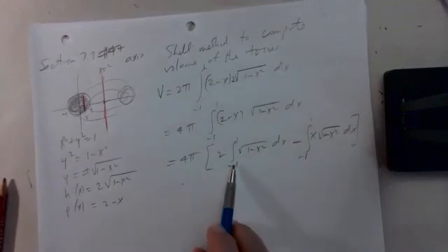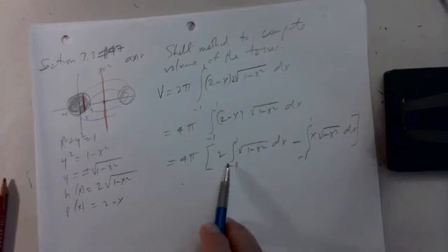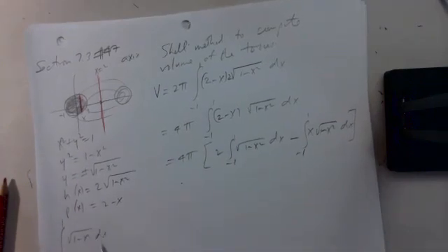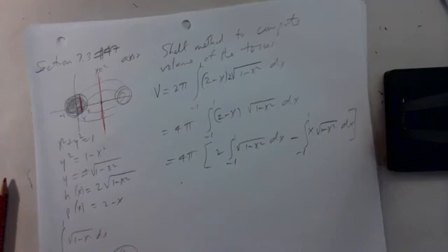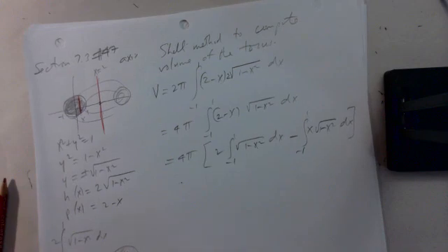Now, the integral from minus 1 to 1 of the square root of 1 minus x squared dx is just the area of the unit semicircle, and 2 times that is the area of the whole circle.